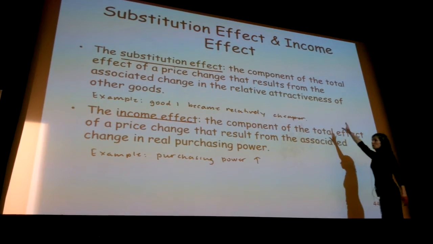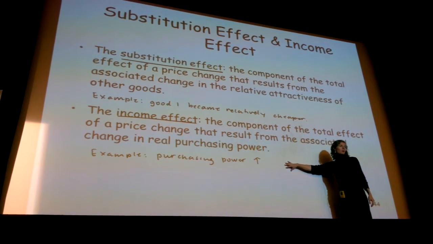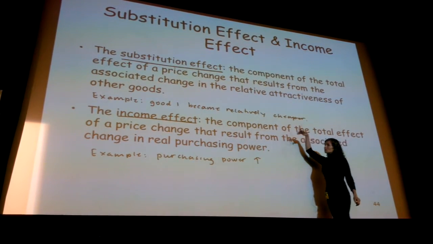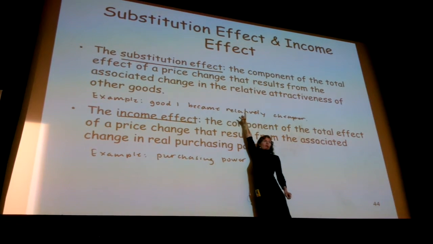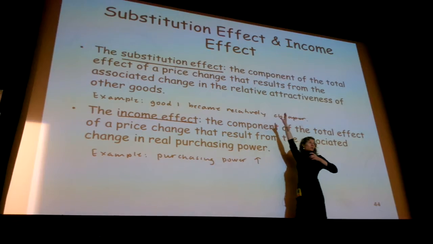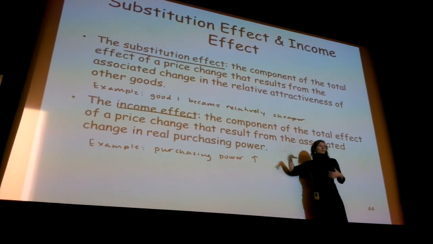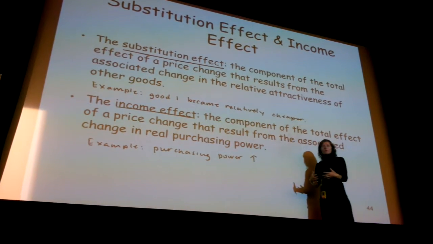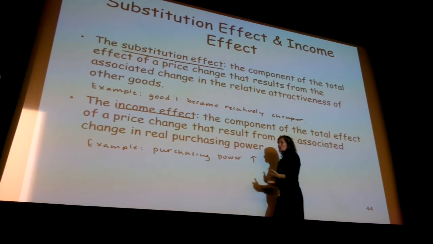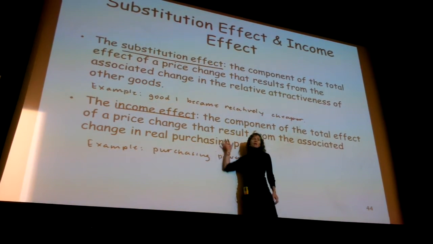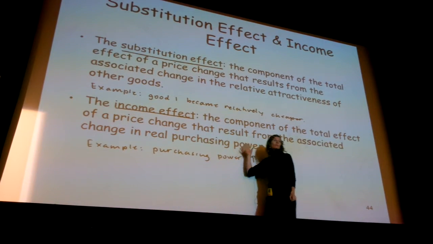The effect of the change in relative prices is called the substitution effect. The idea is that you're substituting out of one good and into another. The income effect captures the change in our purchasing power: our affordable set has changed because of these price changes, and that also influences the amount that we purchase.